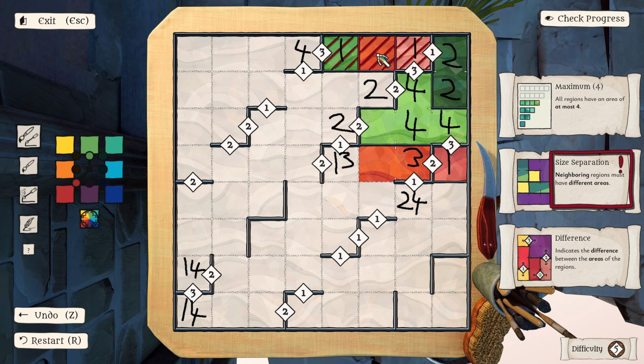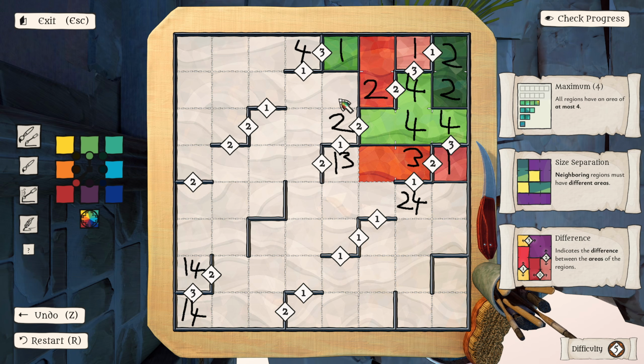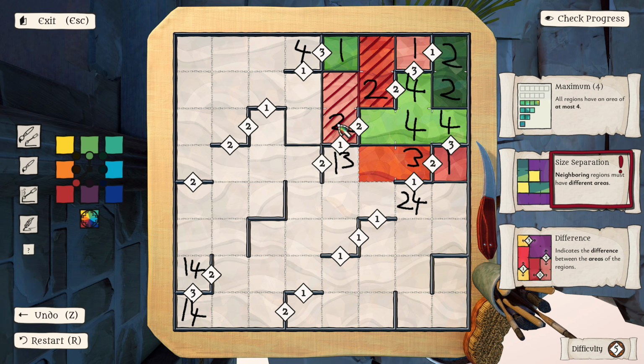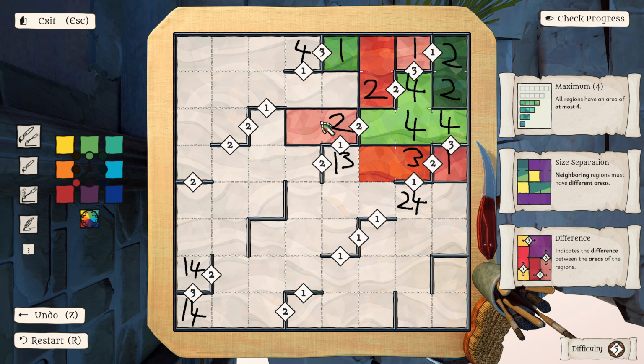Technically, that can be a 1 on its own. Nope, size separation. Huzzah. Well, that means this 2 has to go that way, because it can't come up and touch this 2. So that's nice to be reminded of that coming into play when it hasn't so far impacted any part of the solve.